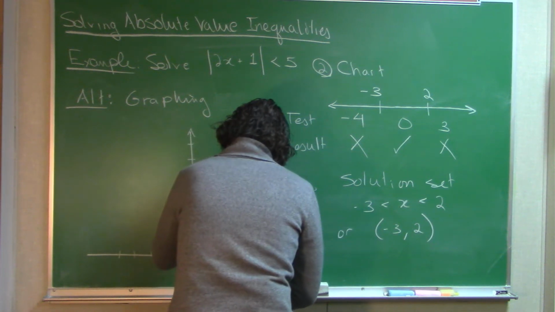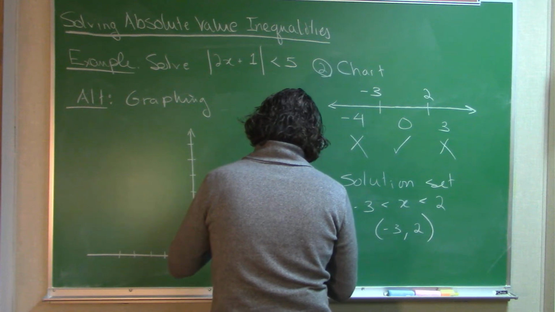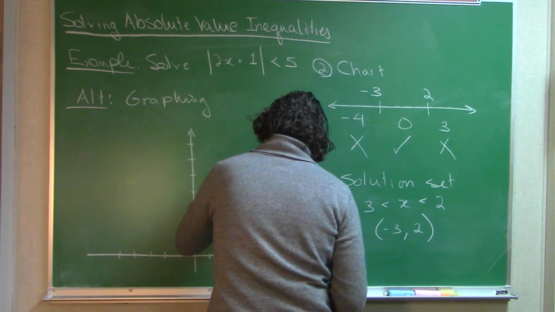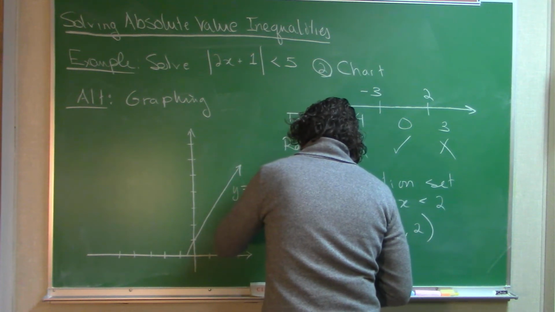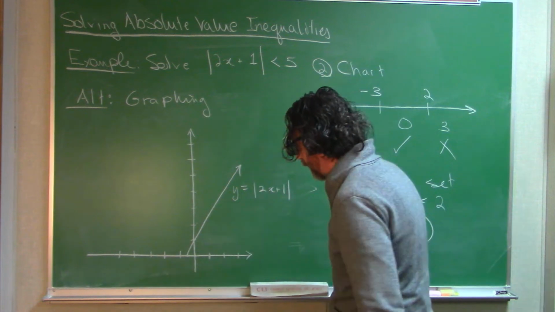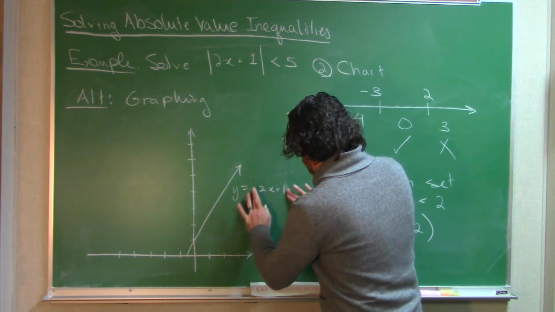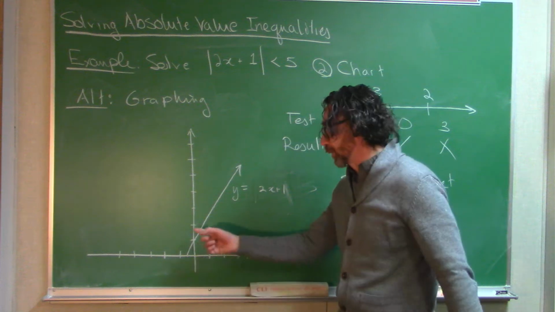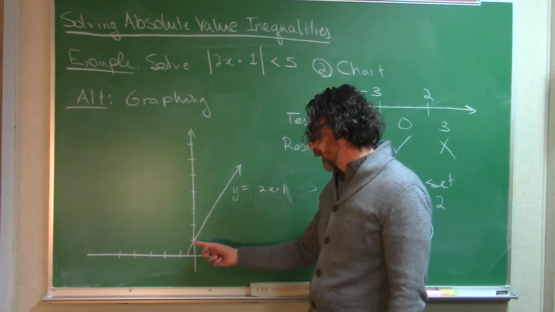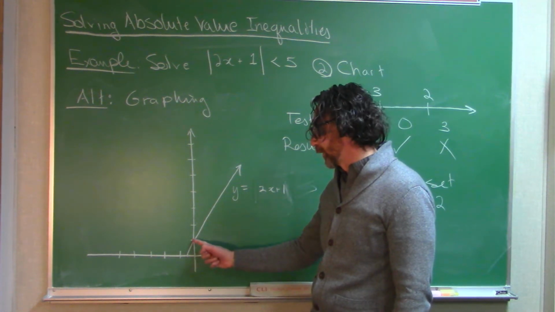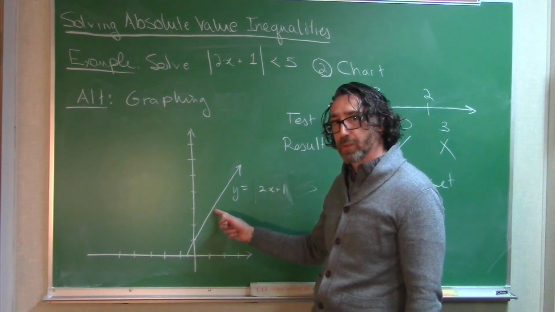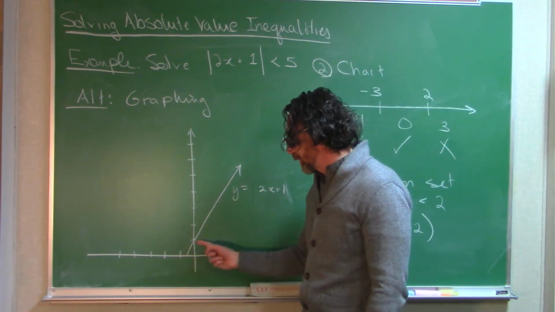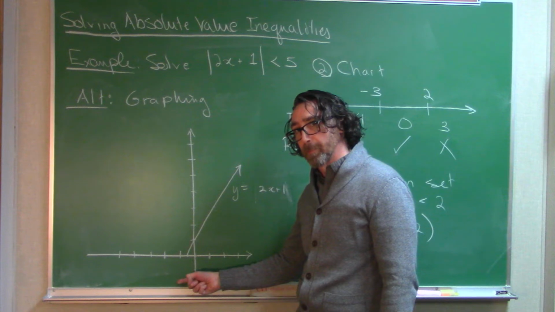Okay, this is part of the graph. Now, if I were to just graph 2x plus 1, it would be a line, y-intercept 1, slope 2. So if I increase x by 1, I increase y by 2. All right, so this line would continue down here.